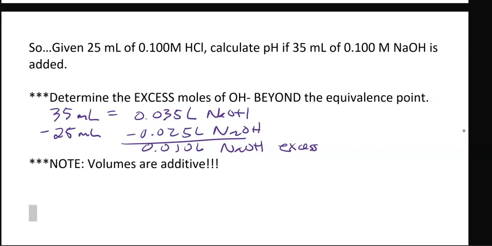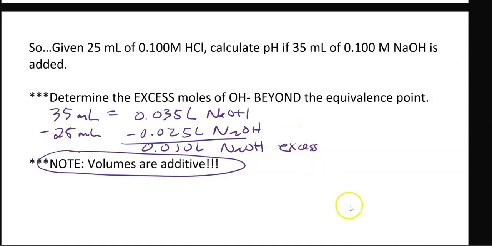Keep in mind that volumes are additive when we do our molarity calculation. So what we did was we were trying to figure out how much excess sodium hydroxide we've got. Let's look at this using moles. Okay, so let's move down here a little bit.